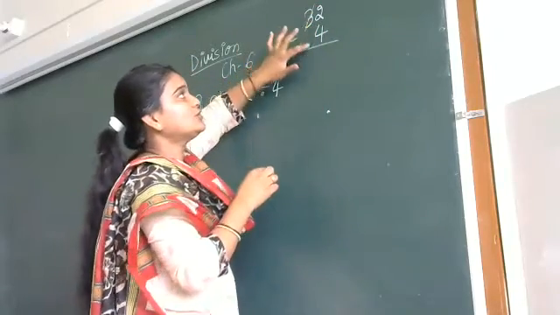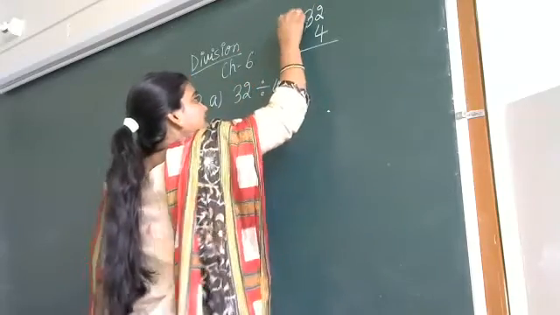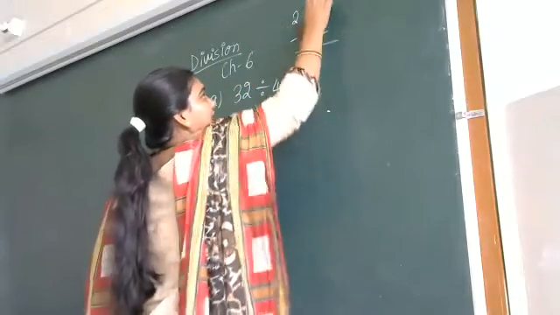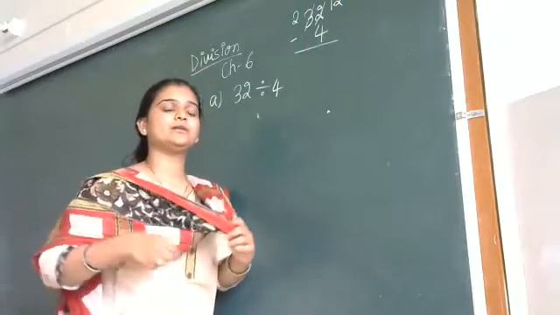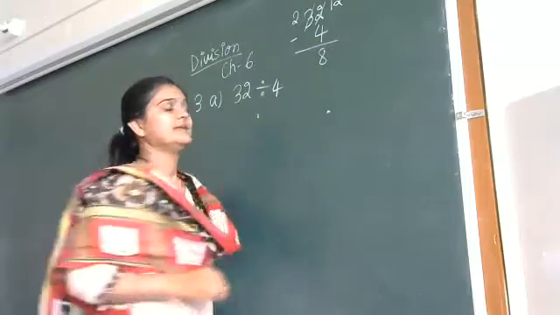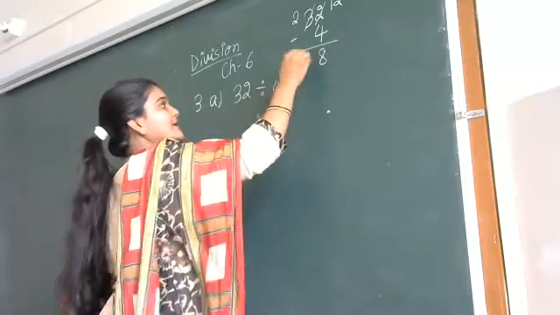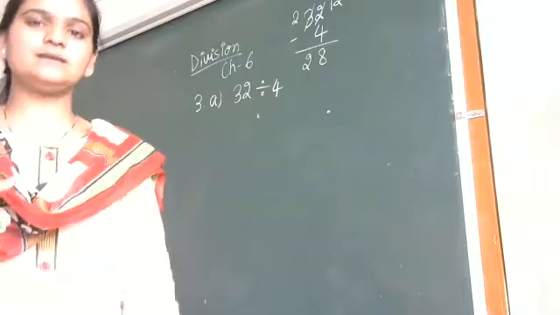We cannot subtract 4 from 2, so we borrow from 3 and here it will be 12. 12 minus 4, 8. Okay, 2 will come down. 4 times you are subtracting it.